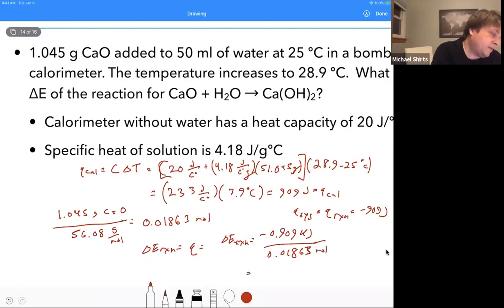So it's going to be minus 48.8 kilojoules per mole.